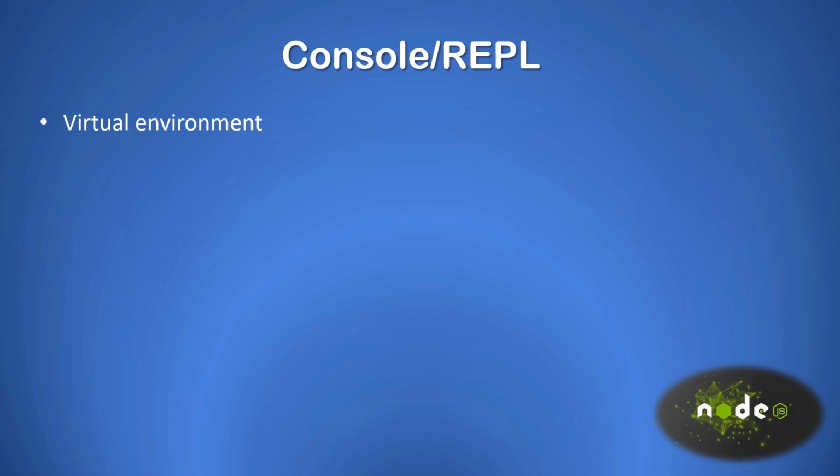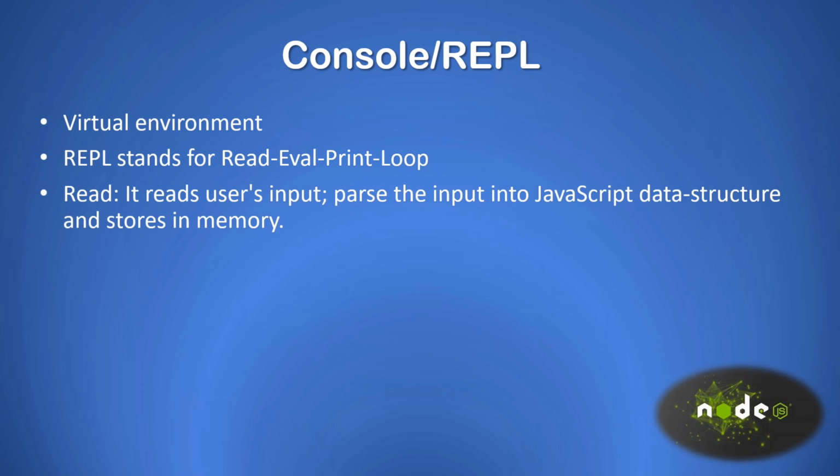Node.js comes by default with a virtual environment, which is nothing but REPL. It's a shell. And what is REPL? REPL stands for Read, Eval, Print, and Loop. Let me explain what each refers to.